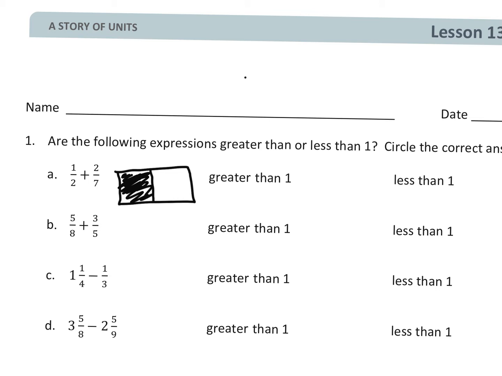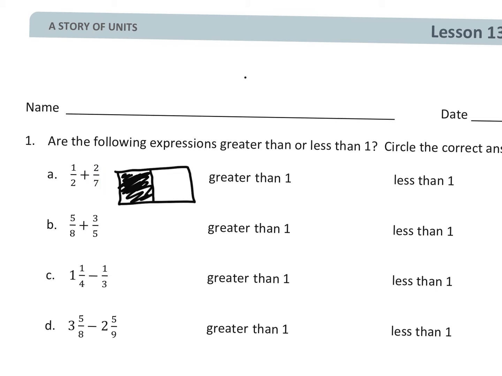The best way to figure out if a fraction is less than half is to times this top number by 2. So 2 times 2 equals 4. Is 4 less than 7? Yes, it is. And so I know that 2/7 is less than 1/2.